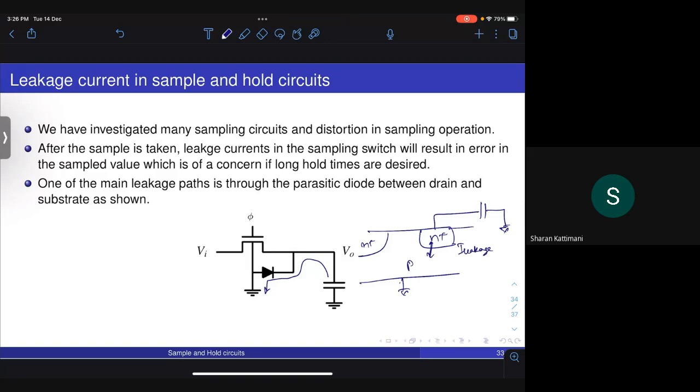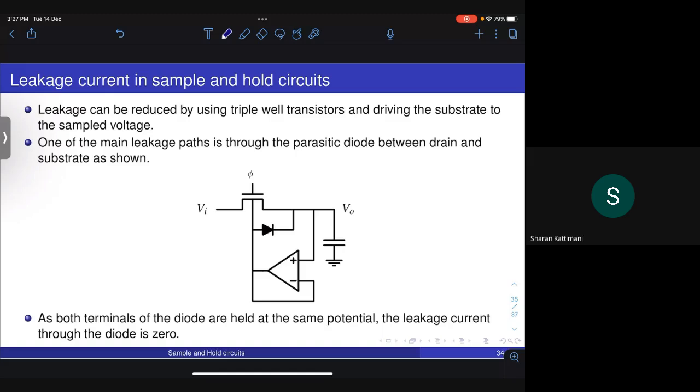Even if you are using a single well transistor, if you use a PMOS switch and connect the well to the output voltage, what I'm trying to say is this: if you can somehow set up a feedback circuit to read the sampled value and drive the substrate of the transistor to the same voltage. So what this op amp will do is, this op amp is nothing but a voltage follower, right? So if this is V0, this will also be V0.